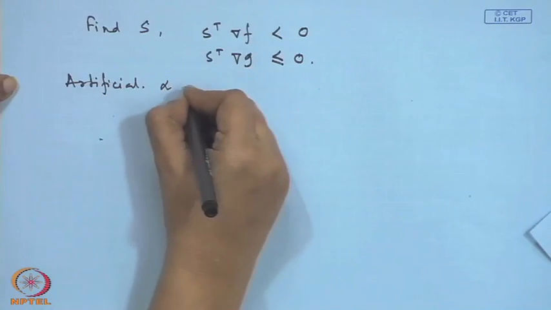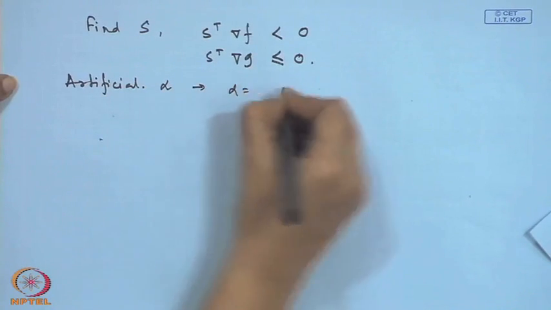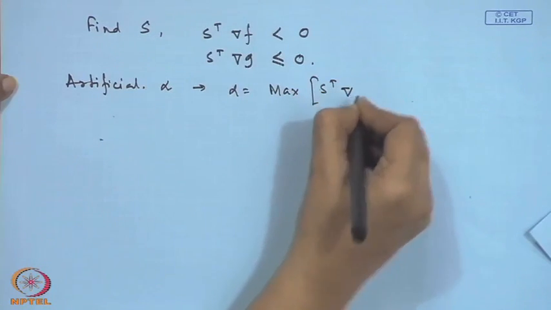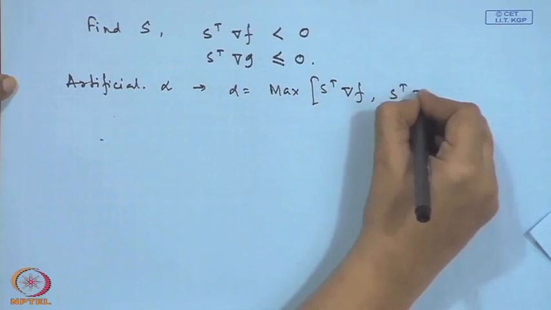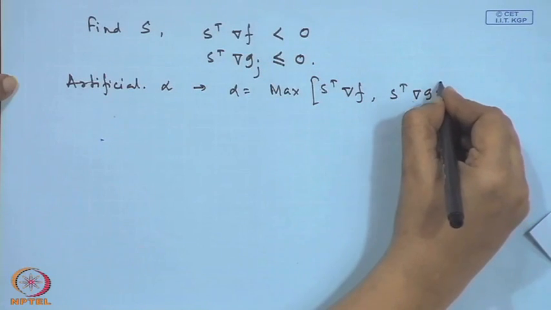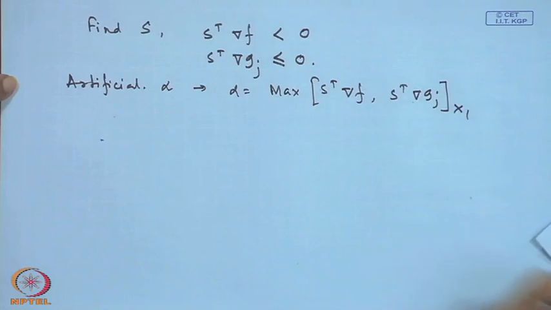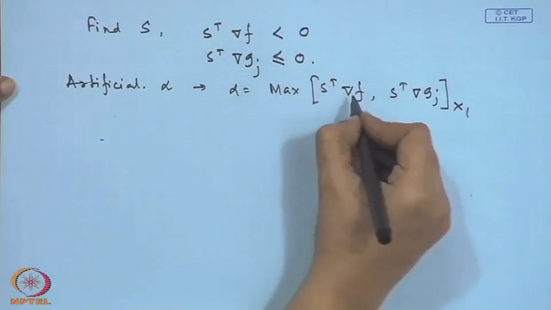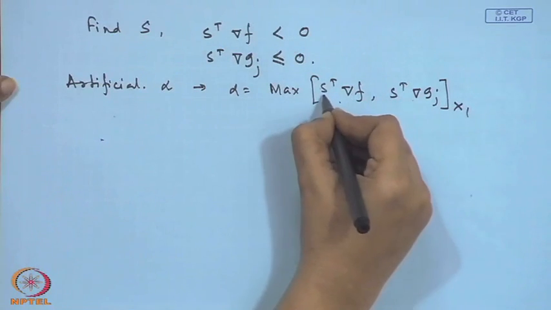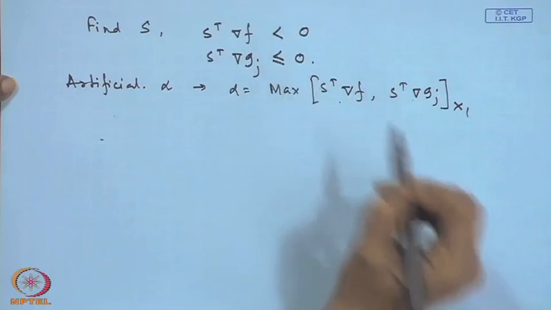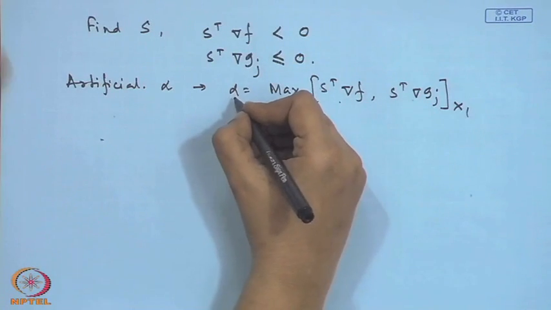Consider an artificial variable alpha such that alpha is equal to the max of S transpose grad f and S transpose grad gj, these are all gj at point x1, because x1 is our starting point. Now, you see all the values are negative. S transpose grad f is negative, S transpose grad g is negative. That is why alpha is negative here.